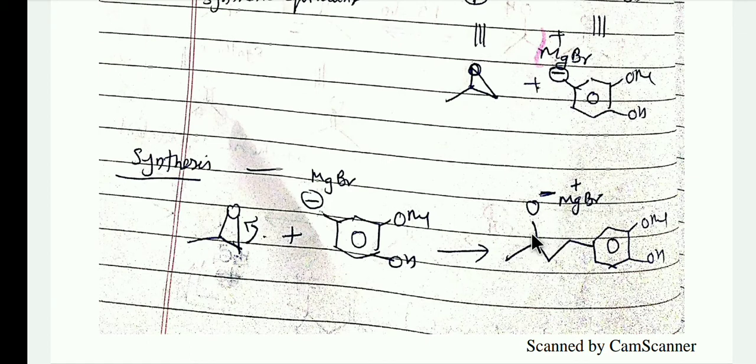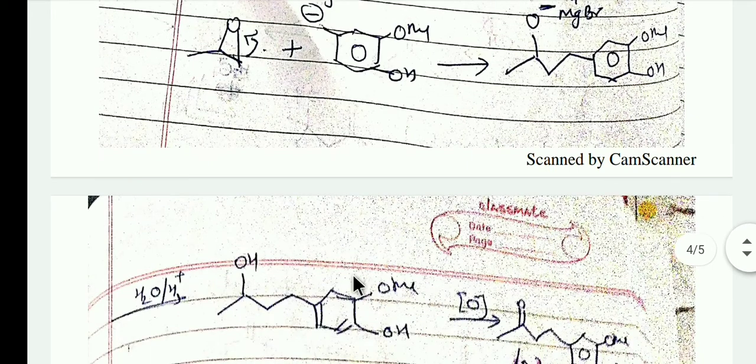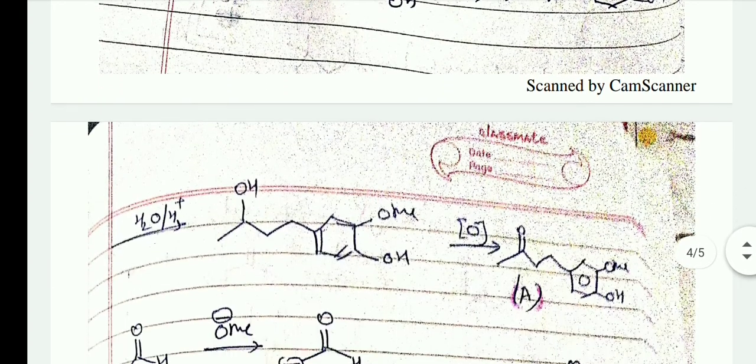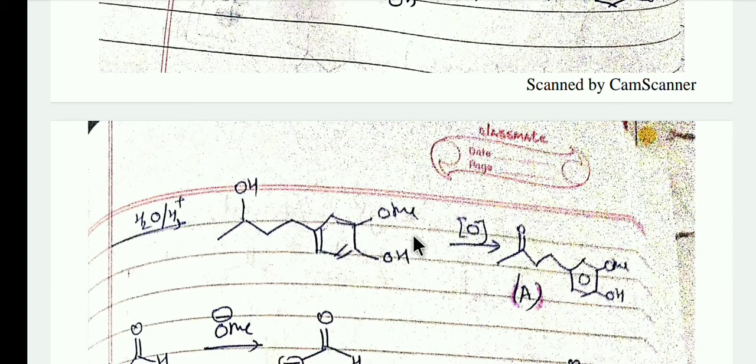This bond is this bond, this bond is this bond, and a new bond is formed. So a molecule is prepared easily by the reaction of the epoxide with this compound. Now by hydrolysis of this compound, we can easily get this hydroxy molecule, which on oxidation gives the compound A.